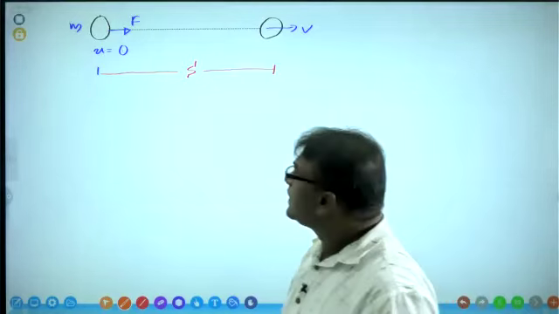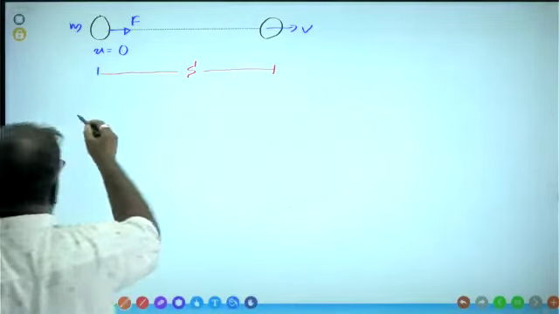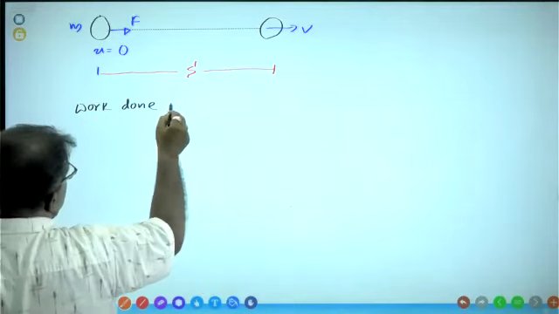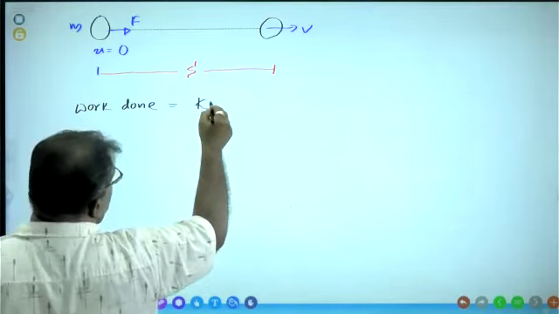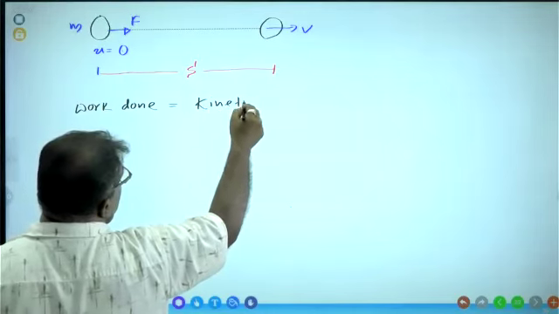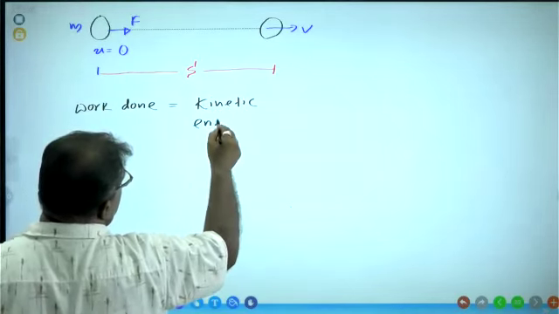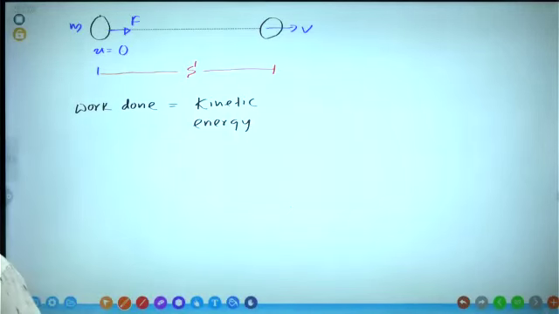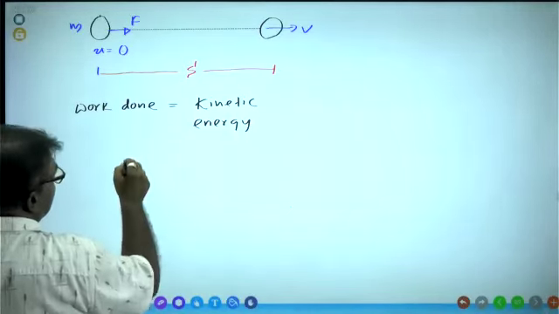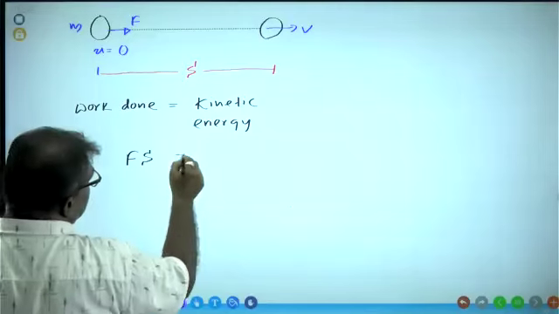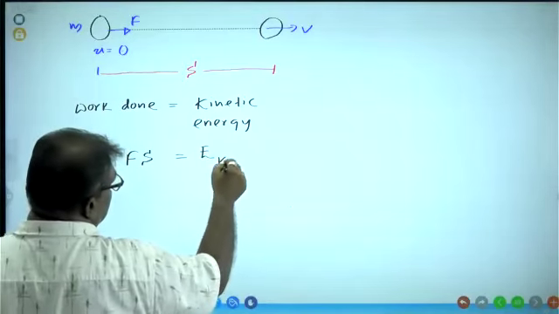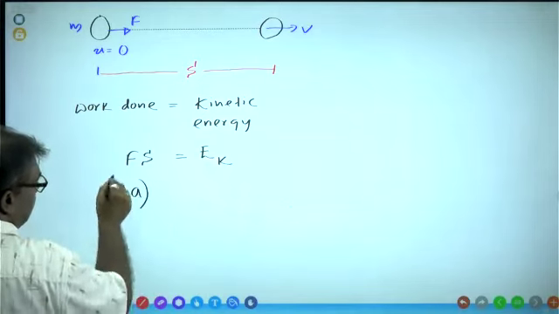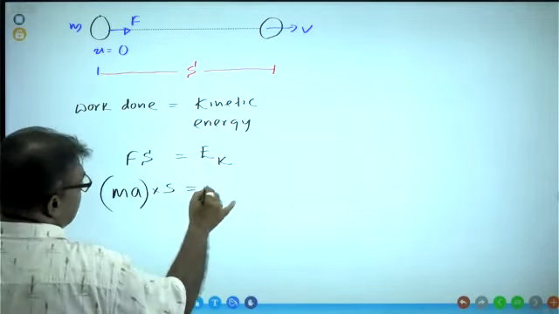Done. The real statement is work done should be converted to kinetic energy. Work done is Fs. Kinetic energy, let it be Ek. F is replaced by ma, into displacement covered.